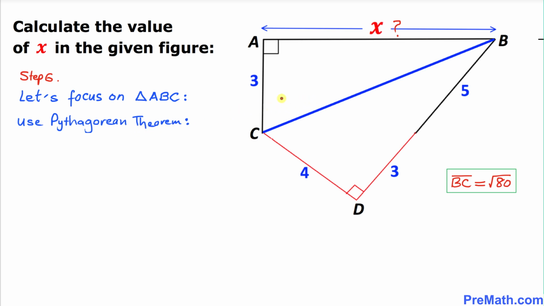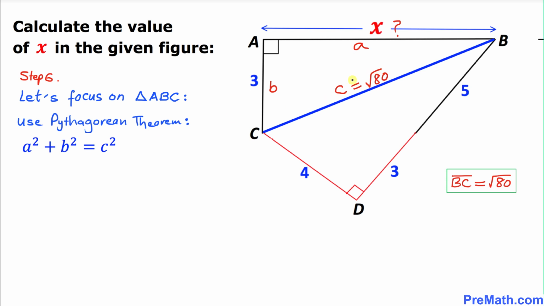For the Pythagorean theorem, let's call this side AB a, this AC I'm going to call side b, and since BC is the longest side, that's going to be our side c, and we already calculated that c is the square root of 80. Here is our Pythagorean theorem, a squared plus b squared equals c squared. Let's fill in the blanks.